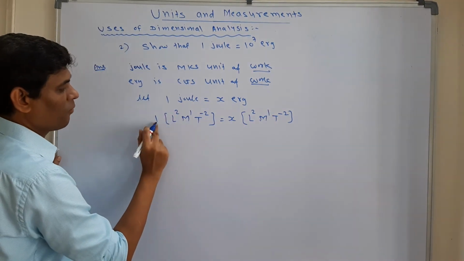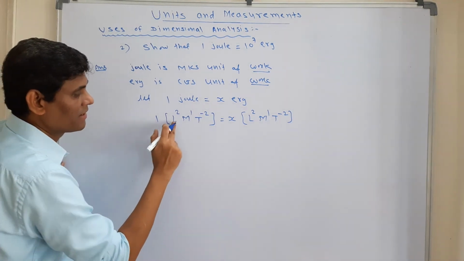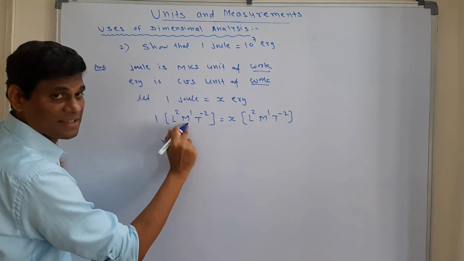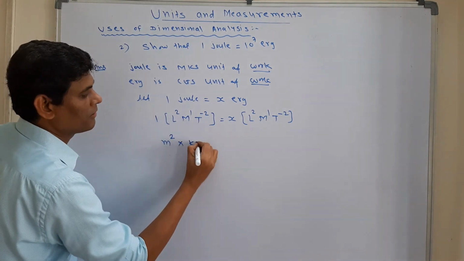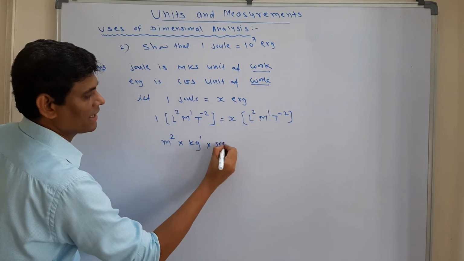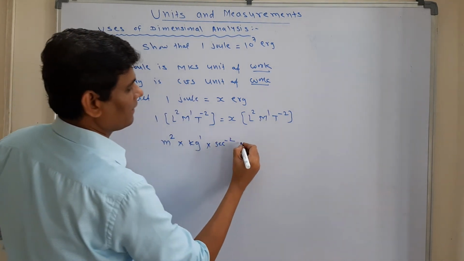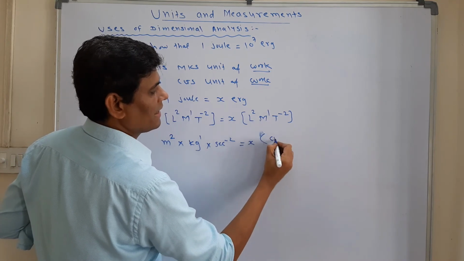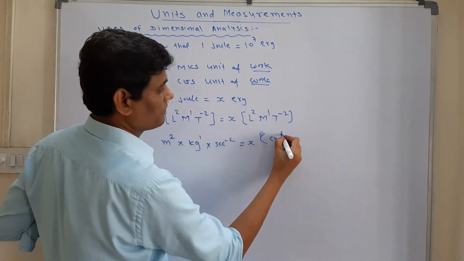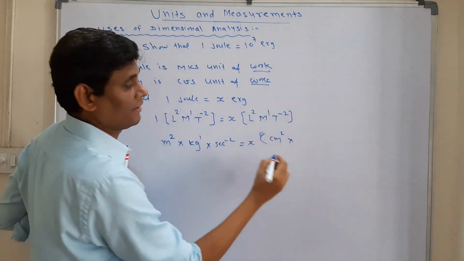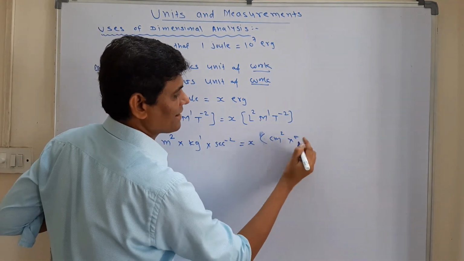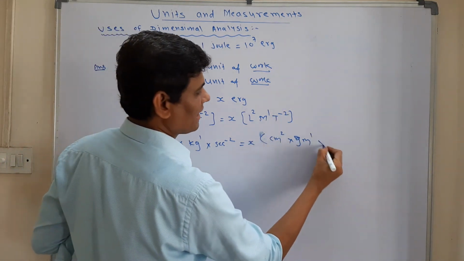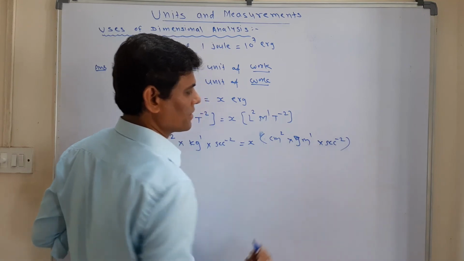Replace this. 1 से multiply क्या? Will remain same. This length is in meter, raised to how much? 2. This mass is in kilogram, raised to 1. This time is in second, second raised to minus 2 is equal to x. Now this length is in centimeter, raised to 2. This mass is in gram, raised to 1. This time is in second, raised to minus 2.